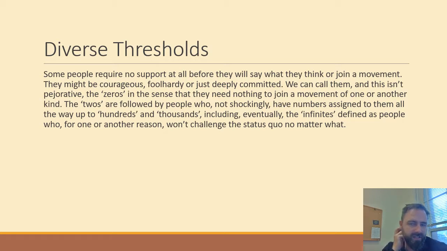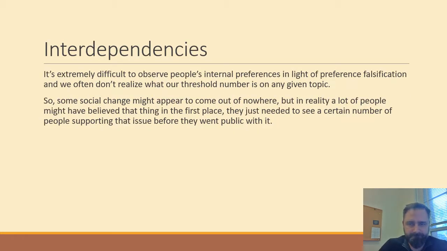So the ones need to see the zeros move or speak before they will speak. And then there are the twos who need to see 2 people speak or move before they will reveal their preference. And this goes all the way up into the hundreds. Some people need to see thousands of people committed to a cause before they will jump in and join the cause.